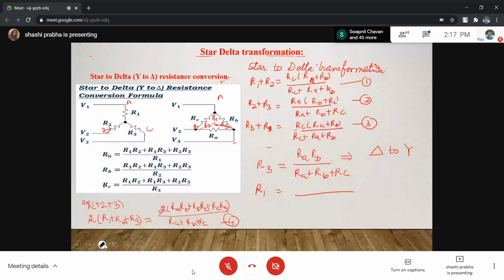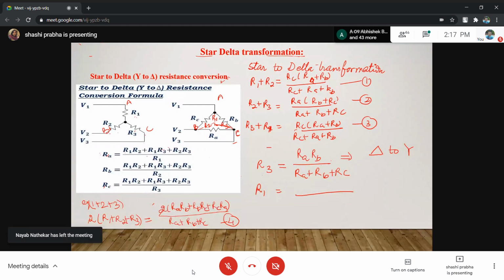This point is A, this point is B, and this point is C. So what I want to find? R3. Where is R3? This is R3.